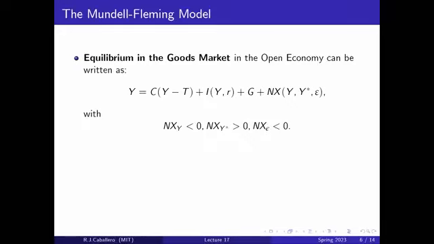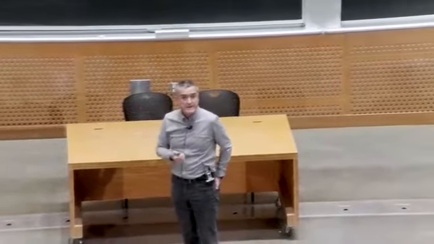And the last term, remember, says that net exports is declining in the real exchange rate. Why is that? What happens when the real exchange rate goes up? It makes our goods more expensive relative to foreign goods. Exactly.